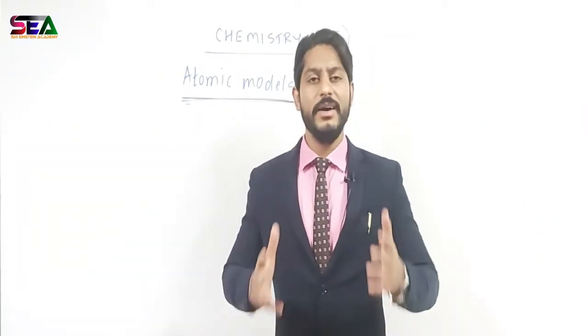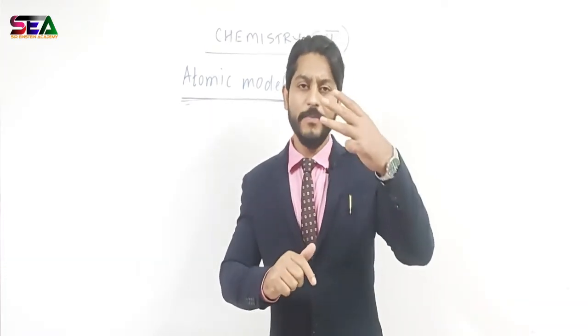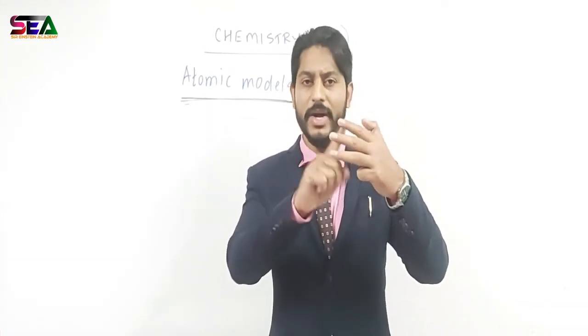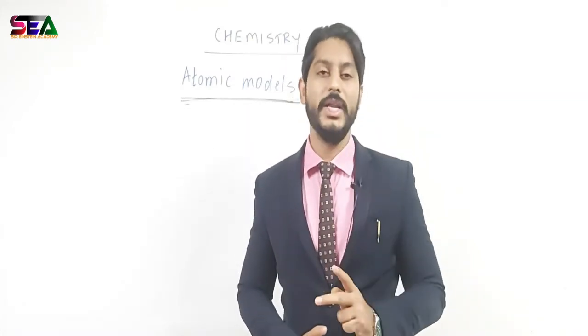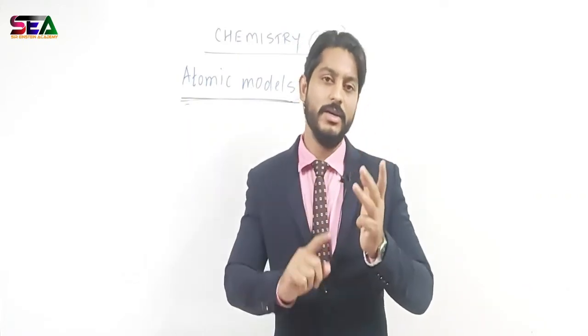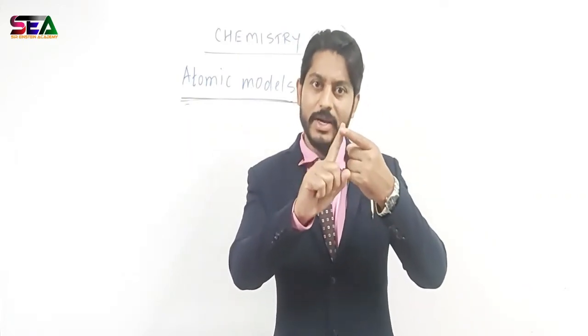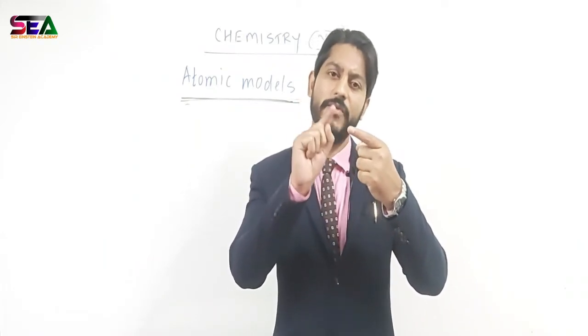Now let's take a review of this video. In this video we have discussed the top 3 atomic models. Number 1, Thomson's atomic model. Number 2, Rutherford's atomic model. And number 3, it is Bohr's atomic model. The first model gave electrical neutrality, but it couldn't show the existence of the nucleus.